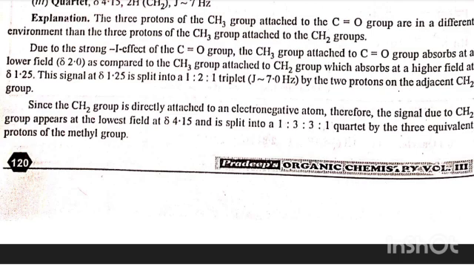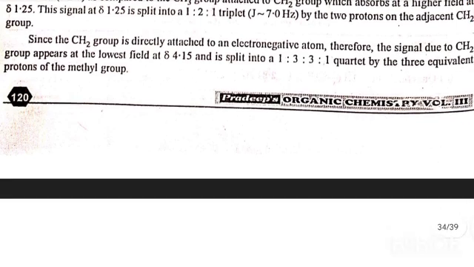Due to the strong -I effect of the C double bond O group, the CH3 group attached to the C double bond O group absorbs at a lower field, at delta 2.0, as compared to the CH3 group attached to the CH2 group, which absorbs at a higher field, at delta 1.25. The signal at delta 1.25 is split into a 1:2:1 triplet by the two protons on the adjacent CH2 group.